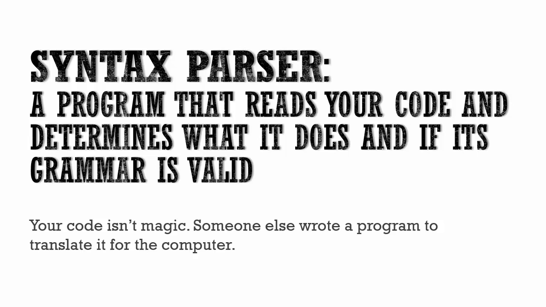But those programs, interpreters and compilers, do the process, the work of actually reading your code character by character and determining if the syntax is valid and then implementing that syntax in a way the computer can understand. So when you're thinking about your code, think of it more like this.